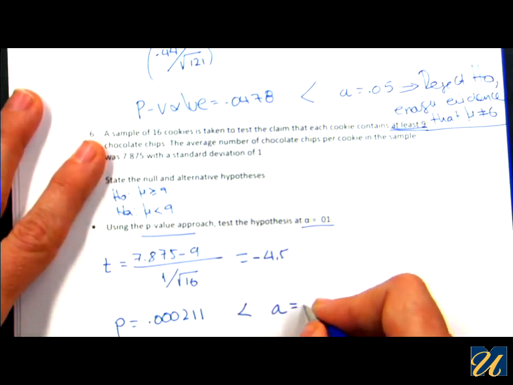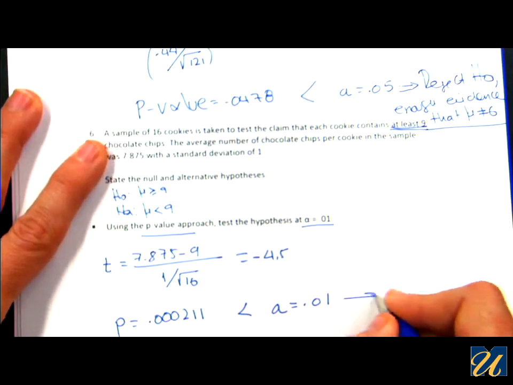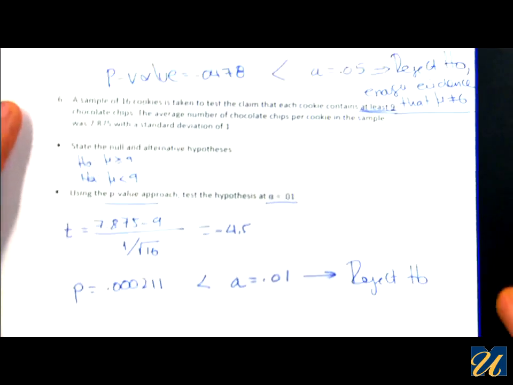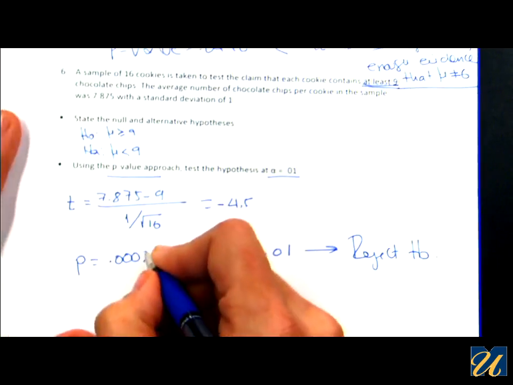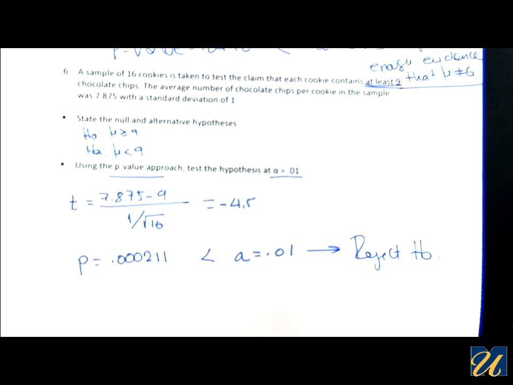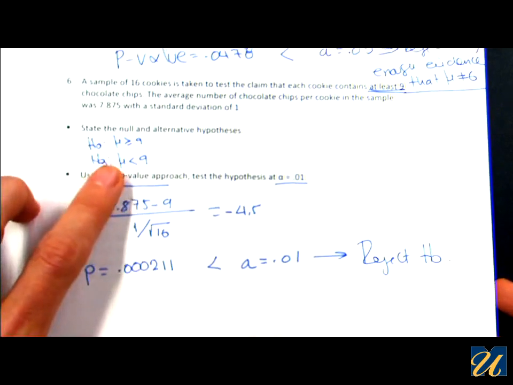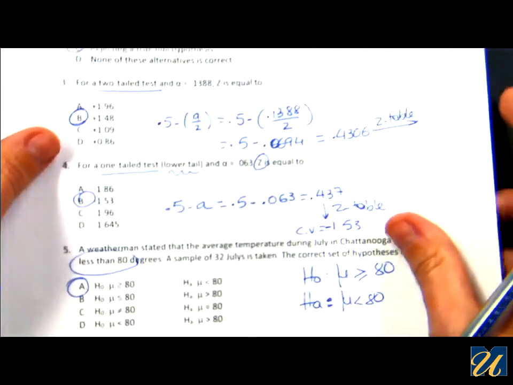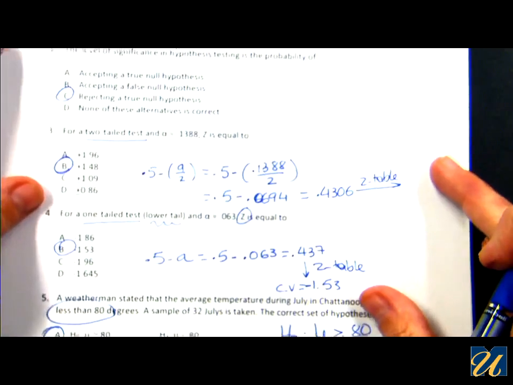Therefore, we reject H0. That means we have enough evidence to support the alternative hypothesis. And this concludes the exercises for chapter 10.